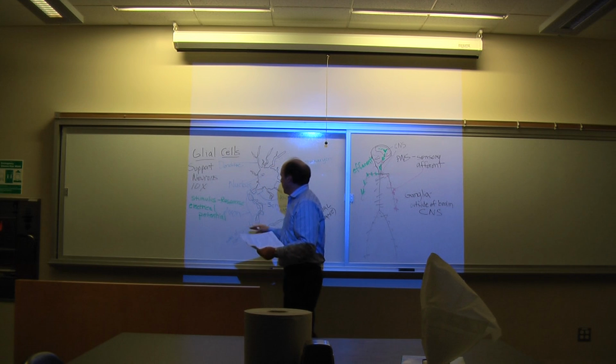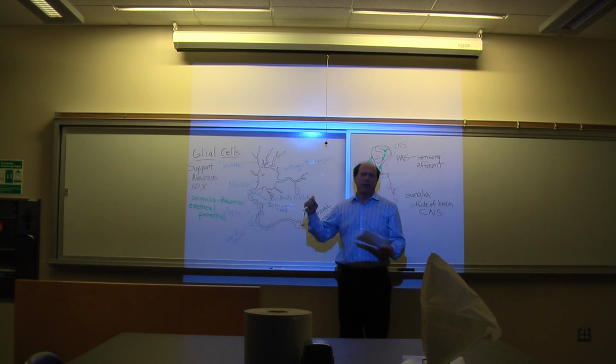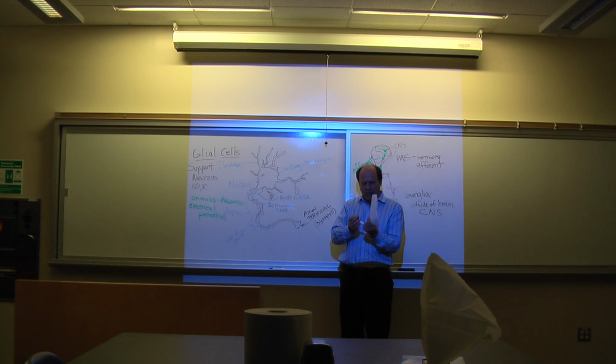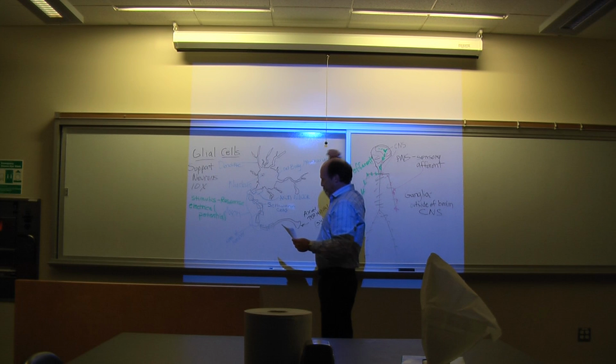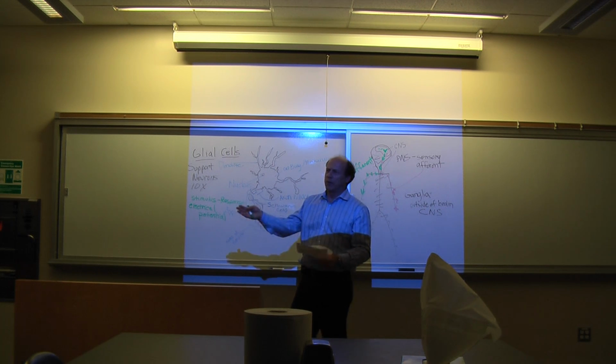You can transmit electrical signals by moving around ions, and that's the amazing invention here. I think it's pretty impressive that biological systems somehow took advantage of ion flux across a membrane.